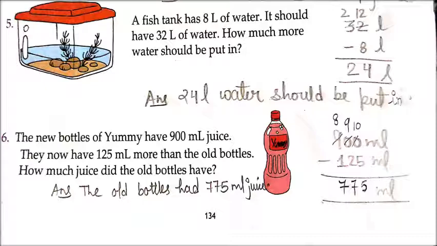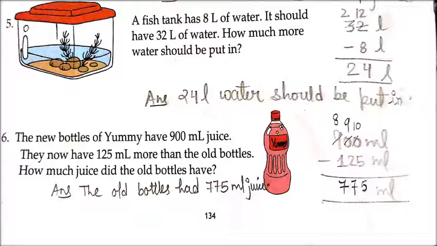Means it can hold 900 milliliter juice. Okay children, and it is more than the old bottles. Means it is 125 milliliter more than the old bottles. So here you have to find out how much juice did the old bottles have. So here you have to find out the capacity of the old bottles.